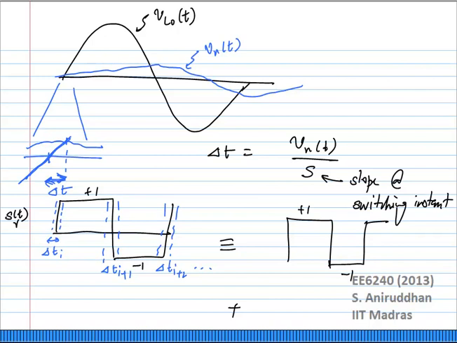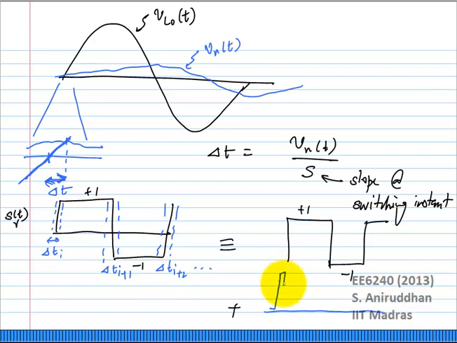It will be a series of pulses, right? What will be the amplitude of these pulses? What is the amplitude of the square wave? Here the square wave is plus or minus 1. What will be the height of these pulses? So remember that the pulses are changing from minus 1 to plus 1 and plus 1 to minus 1. So the overall change affected by these pulses is going to be plus or minus 2, right?